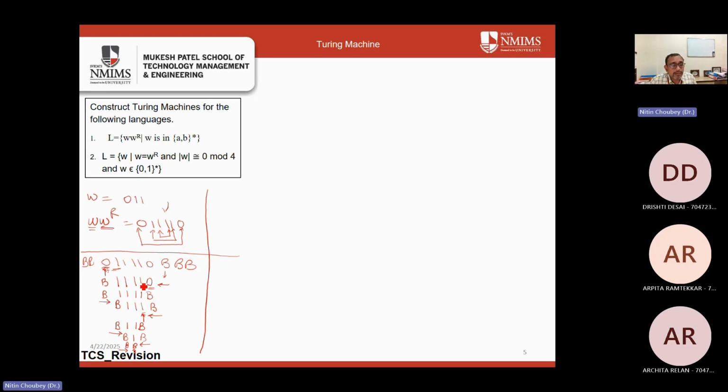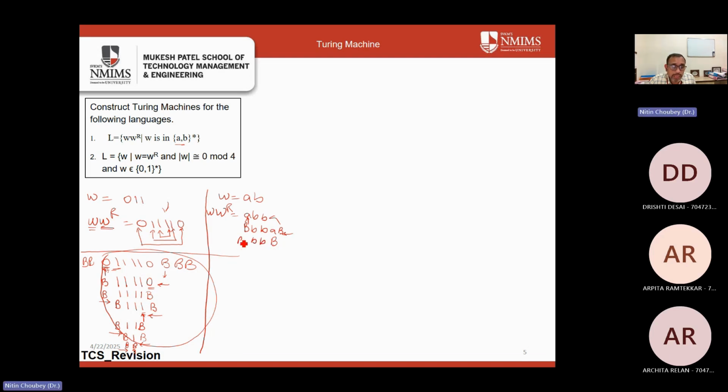So if we write this whole thing in terms of A or B, things can be written very well like this. Let's say W is equal to AB, your WWR will become ABBA. The process can be executed in the similar pattern. That is, A replaced with blank, BBA skipped, and on the receipt of the first blank on the right-hand side, since it is the same symbol which we replaced, we'll replace it with blank.